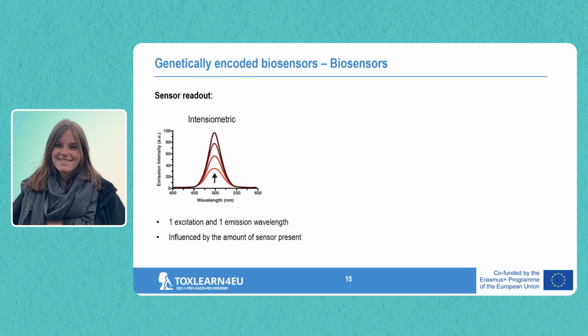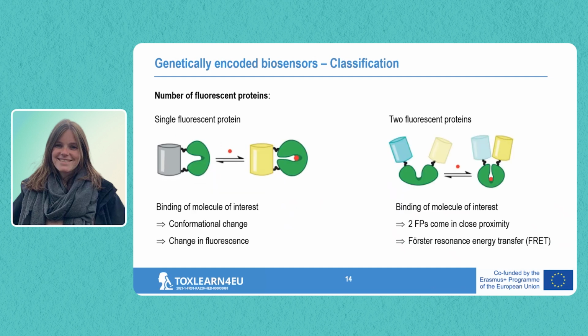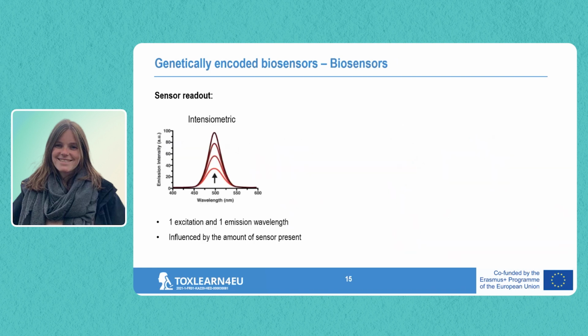Now, how can you read out these changes? So I already told you there will be a change in fluorescence. So here for the single protein or with two proteins. And there are also two options or two types of sensors. Some sensors are intensiometric. So basically it means, just assume again an example with hydrogen peroxide.